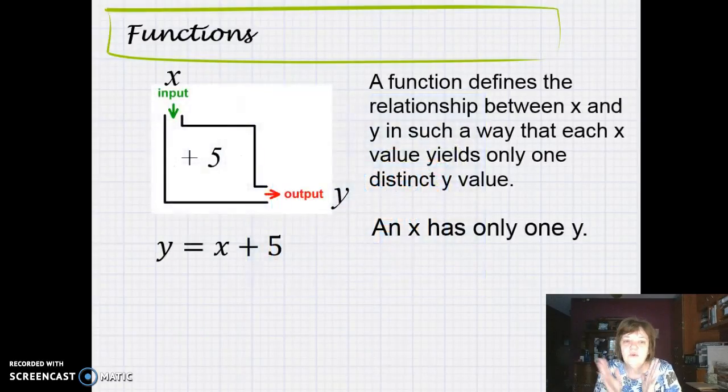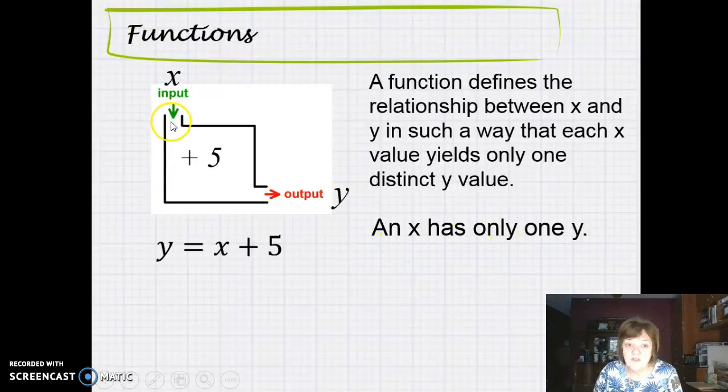Don't panic. So here's how we do a function. All right, functions, and I know these words are big, but you guys can handle these. A function defines a relationship between x and y in such a way that each x value yields only one distinct y value. Okay, so in other words, an x has only one y.